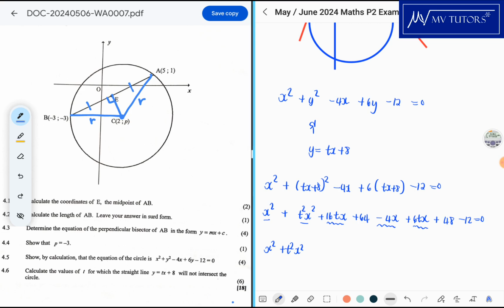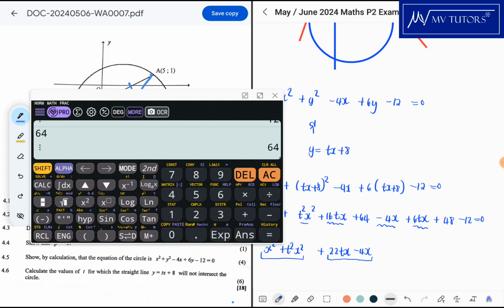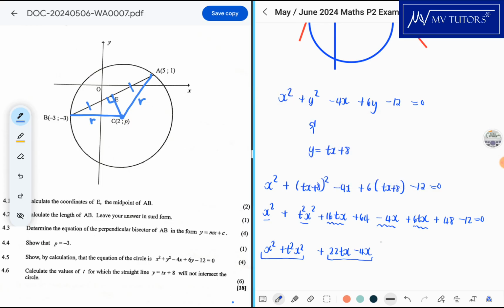So 16 plus 6, that will give me 22tx minus 4x. Okay, these two go together, those two go together. And then what am I left with? I'm left with 64 plus 48 minus 12. So that gives me positive 100, yes. And that's equal to 0.